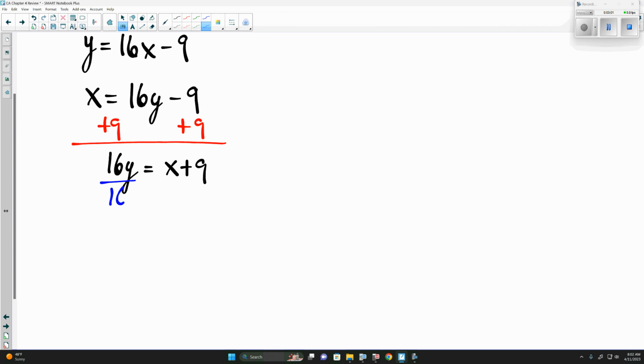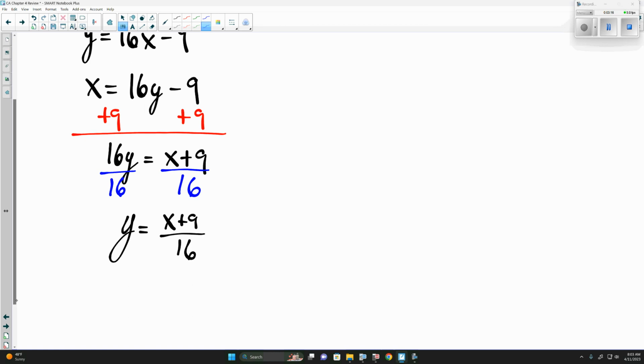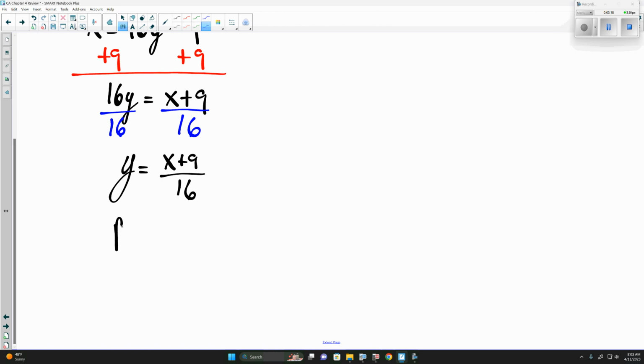Then lastly, we're going to divide both sides by 16, telling us y is equal to x plus 9 divided by 16. And once we get y by itself, we'll say f inverse of x is equal to x plus 9 over 16.